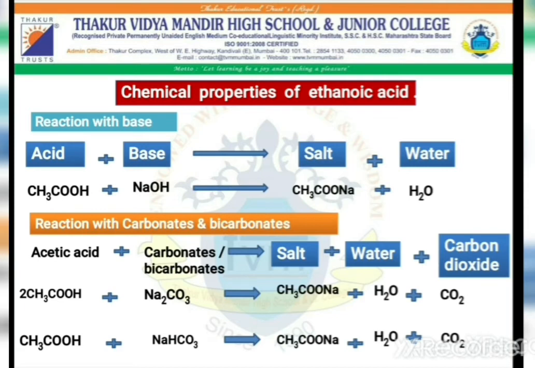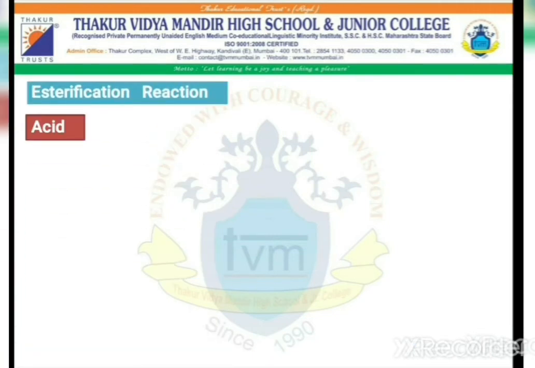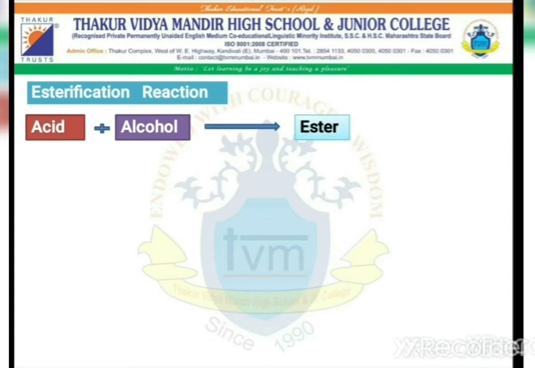The last part of this reaction is the esterification reaction. Esterification is a reaction in which an acid reacts with alcohol. Any acid reacts with alcohol in the presence of a particular catalyst and gives you the corresponding ester along with water.